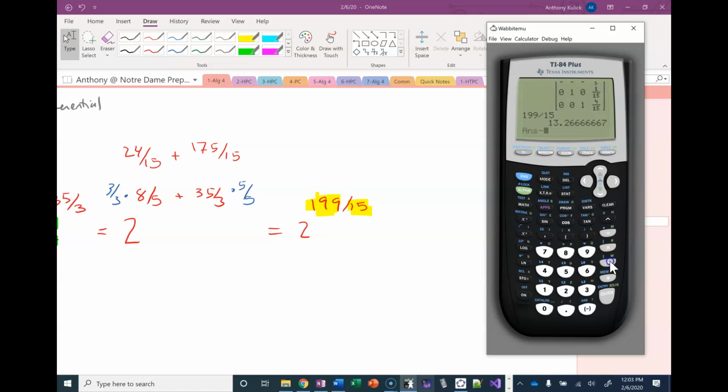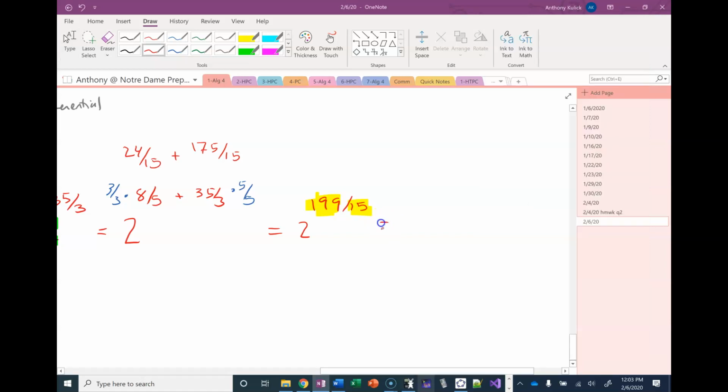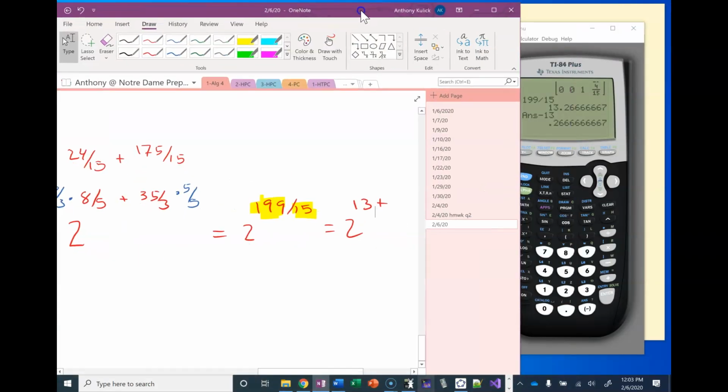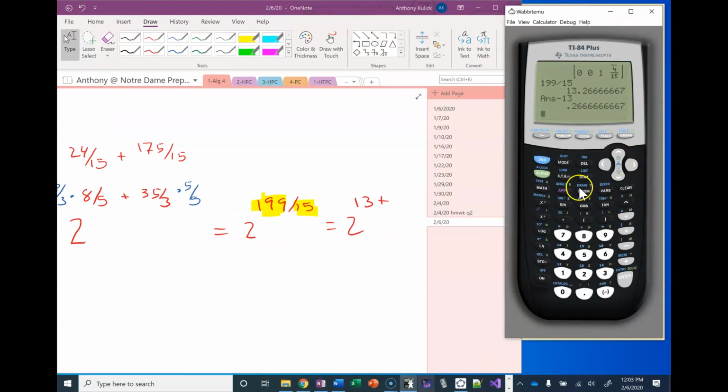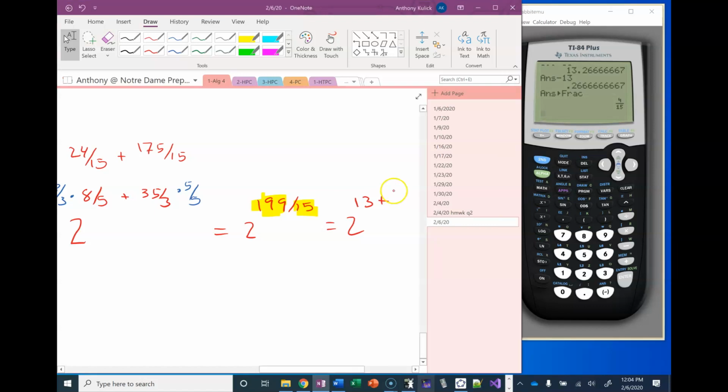I'm going to just subtract off the 13 to leave me just the decimal part. So this is 2 to the 13. And then the decimal part is going to be the leftover fractions. So here I'm going to press the math button and select the fraction command. And that gives me the leftovers.